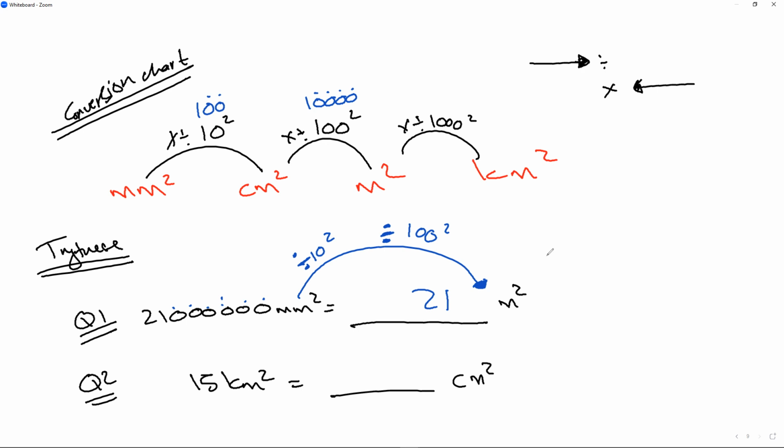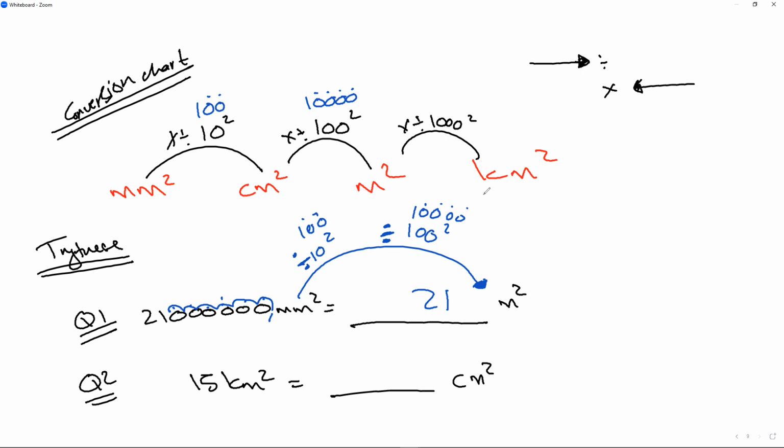So it ends up at 21, because I'm actually dividing by 100 and dividing it by 10,000. And if I count this properly, it's going to be 1, 2, 3, 4, 5, 6 zeros. So if the comma is here, 1, 2, 3, 4, 5, 6 zeros. Hope that makes a bit more sense.